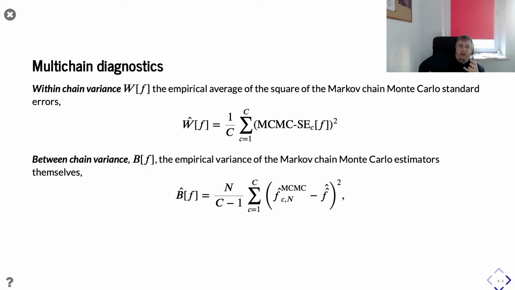And having more chains, we can of course use certain additional diagnostics. For example, we can compute within-chain variance, so we see what's happening in each chain. We can get between-chain variance, so how each chain differs from the others.